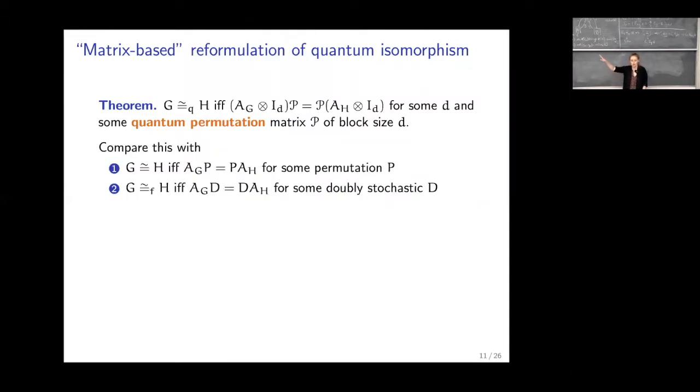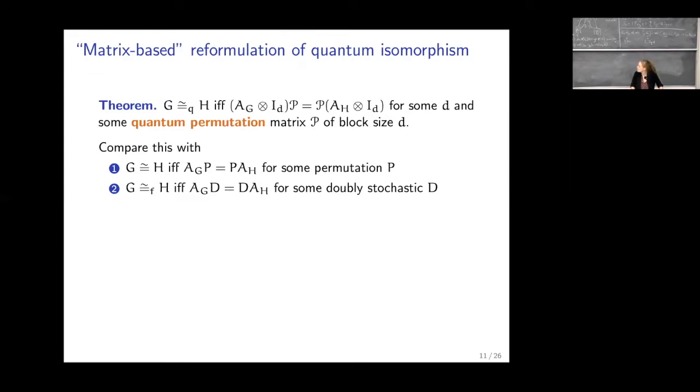And I just want you to compare it with the matrix-based definition of fractional isomorphism and isomorphism, right? Somehow very similar syntactically. I'm just replacing the permutation matrix or the doubly stochastic matrix with this quantum permutation matrix of some block size.